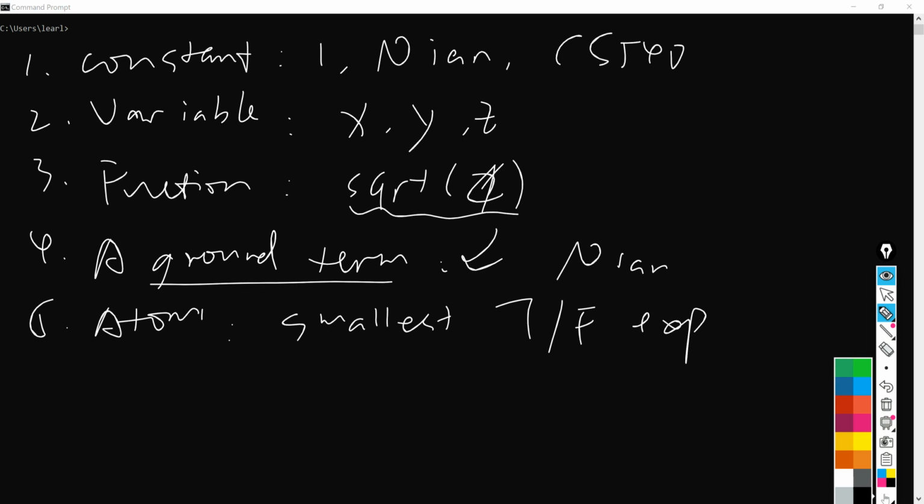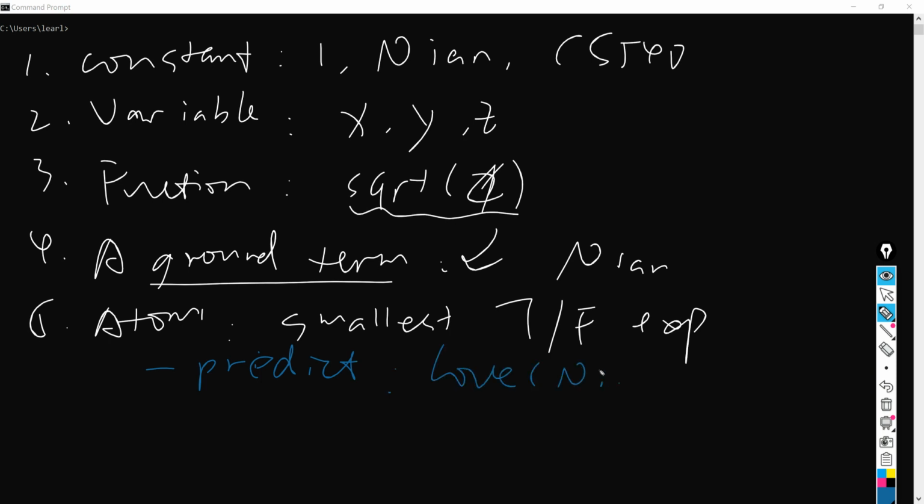One is a function in it, or you could say a predicate, like love. I love girls. So I can put the first argument as Nian, that is me, and the second as girls, and ask whether this is true or not. Of course, the answer is absolutely true. I love girls.